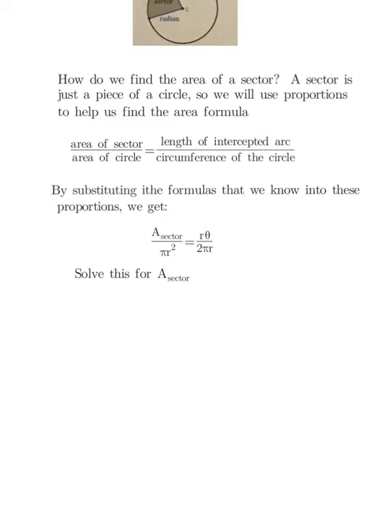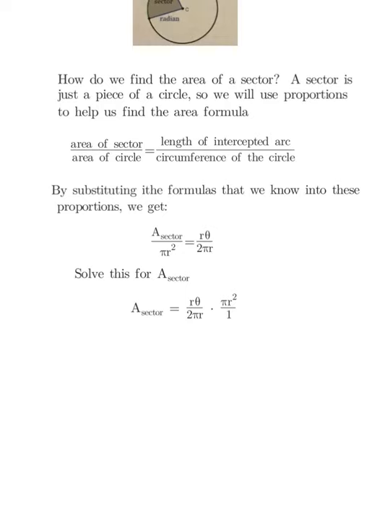We need to solve this proportion now for area of the sector. In order to solve for area of a sector, we have to take both sides times the reciprocal of the denominator, or multiply by the denominator on both sides.